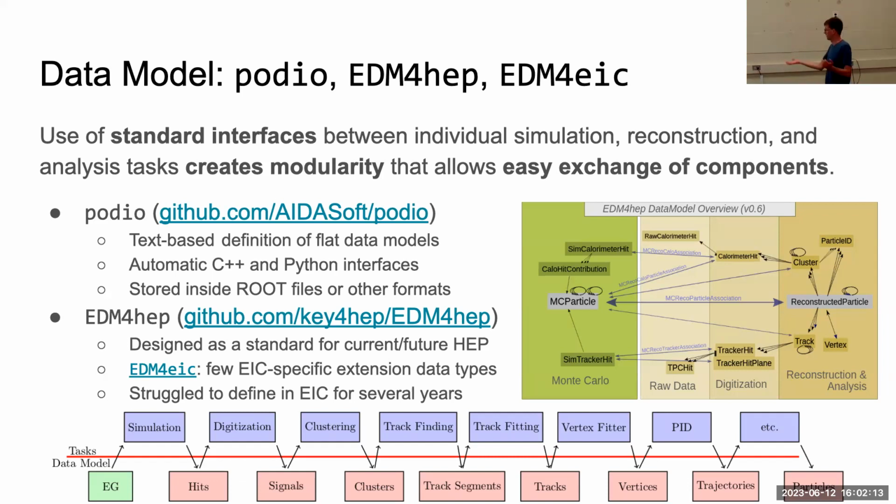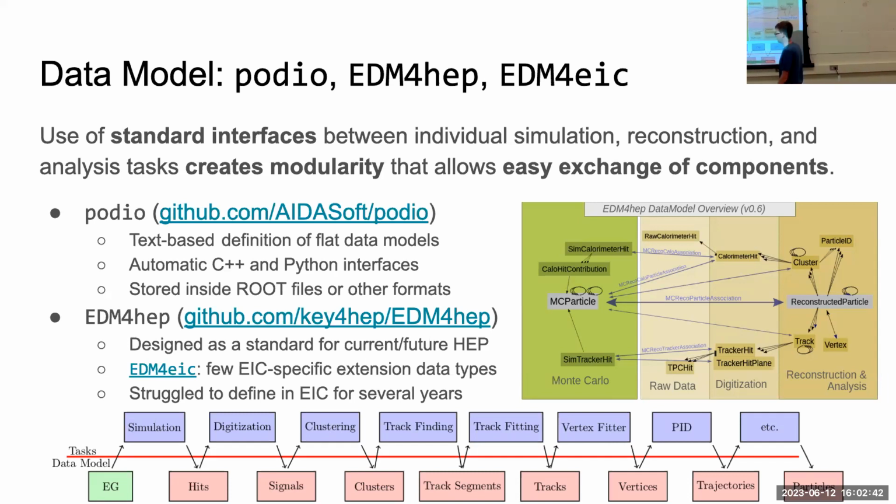We've added to that with, in particular, detectors that are specific to EIC. RICH detectors, DIRC detectors, which you've heard about, all of these optical photon generating detectors, which are not common in most of the high energy physics experiments. So that's what we are adding to this data model and helping this data model become more complete for high energy physics and nuclear physics experiments.